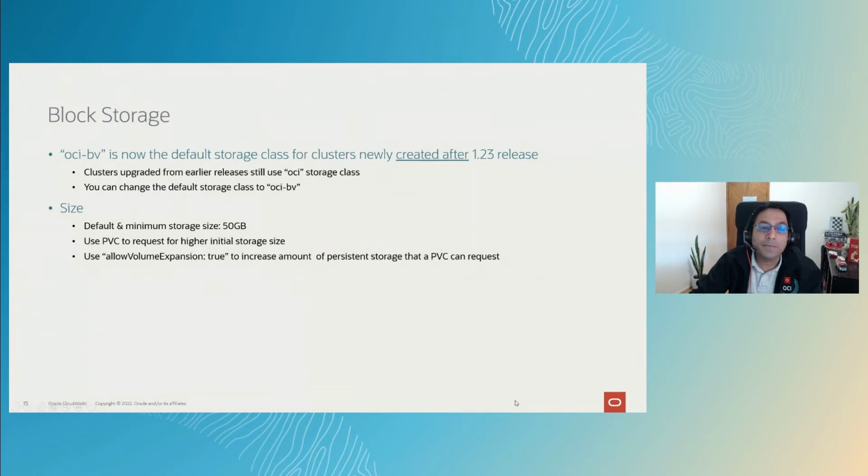Using the OCI BV, you can set an additional parameter to allow volume expansion, and this is using the new CSI driver. Doing so, you don't need to destroy your PVCs and recreate a new one. So this allows you to do the expansion. Further, you can monitor its usage with Prometheus.